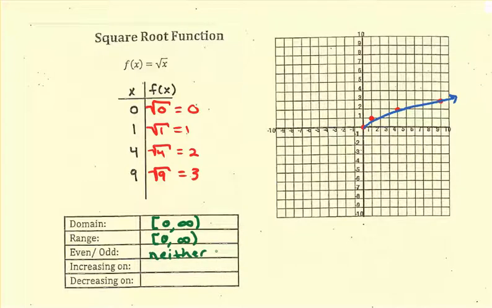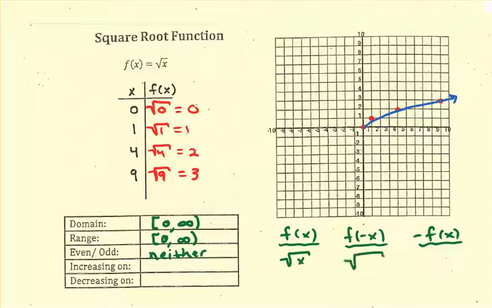Okay. For an analytic approach, we'd have to compare three expressions. The first being f of x, then f of negative x, and then negative f of x. Of course, f of x is just the square root of x. And if we were to look at the expression for f of negative x, we'd see that we'd run into some problems.